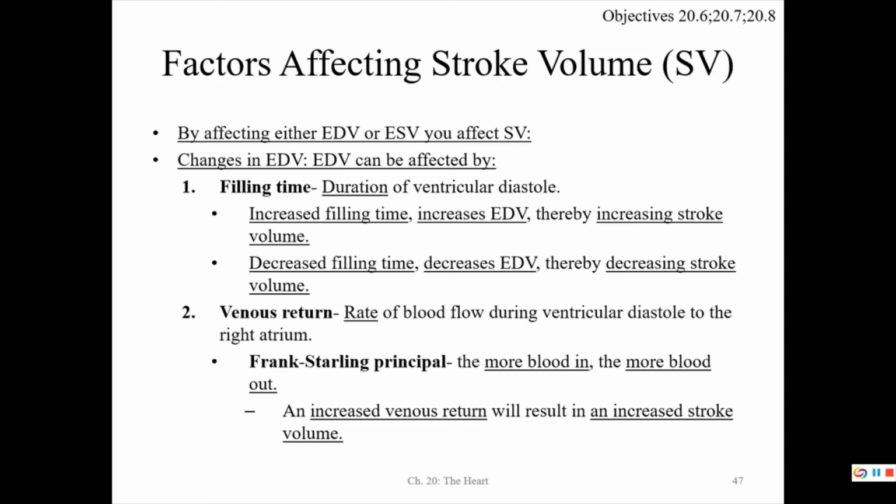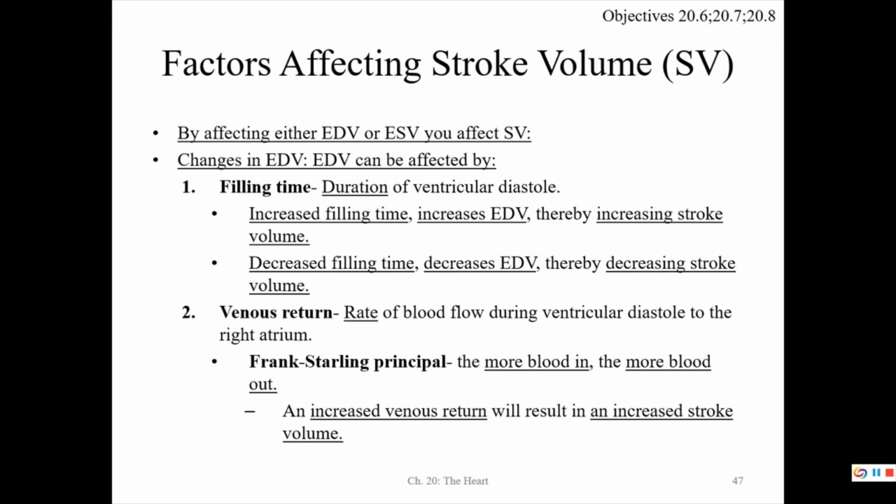And the same thing goes with ventricles. During ventricular diastole, if ventricular diastole lasts a little longer, the ventricles may fill up with more blood. Now, there is a diminished return. There's only so much.